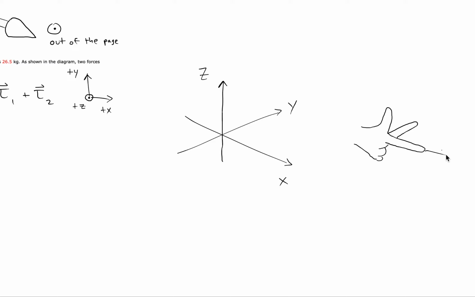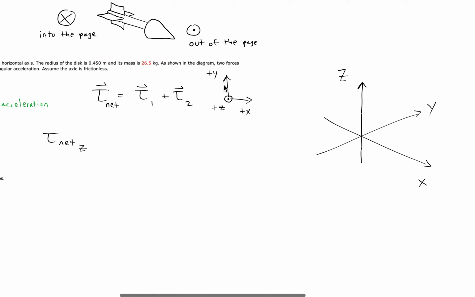And so we have positive x with your pointer, and then positive y is the middle, and then the thumb points in the positive z direction. So you can always use your right hand to figure out what the right direction for z is. And in this typical math orientation, it's going to end up being out of the page.